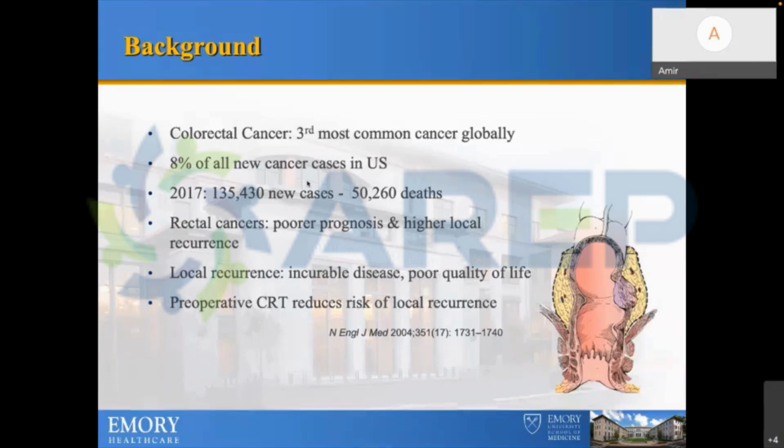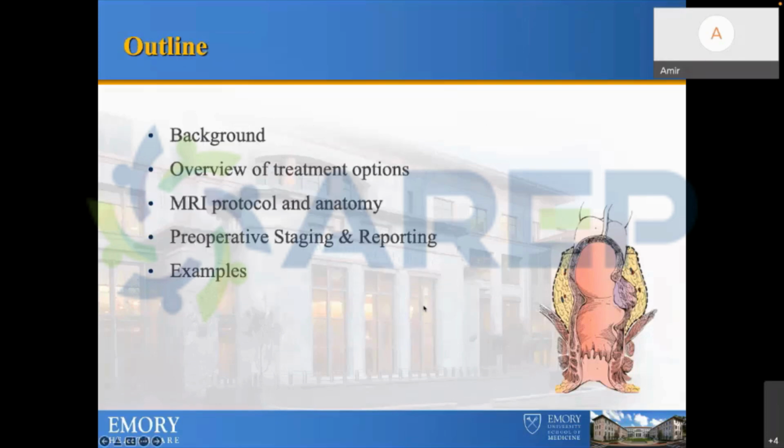So that's where the role of radiologists would be very important for the surgeons and for the oncologists, because they want a radiologist to be able to give them enough information to locally stage the tumor and to see if they have to proceed with surgery or start chemoradiation therapy first.